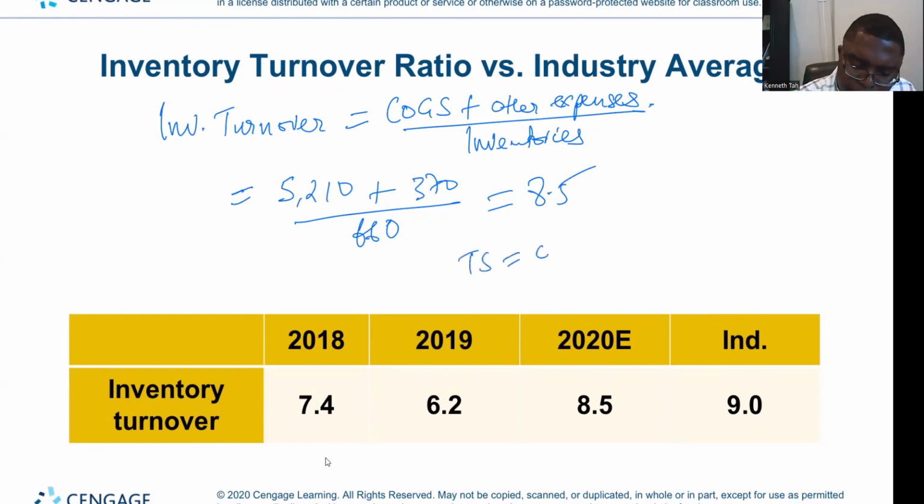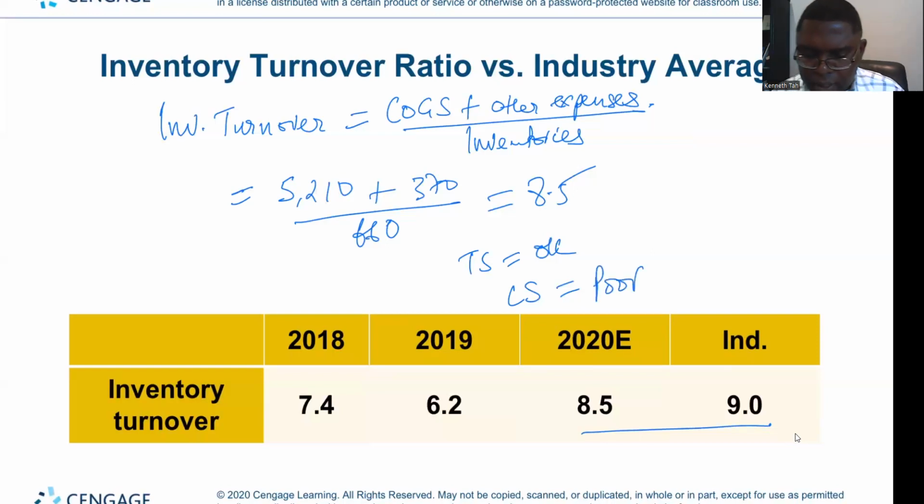So time series say okay, but cross-sectional analysis, we find that the company is below industrial average, which means that the company is not doing well. So we will say this is poor as far as cross-sectional analysis is concerned.